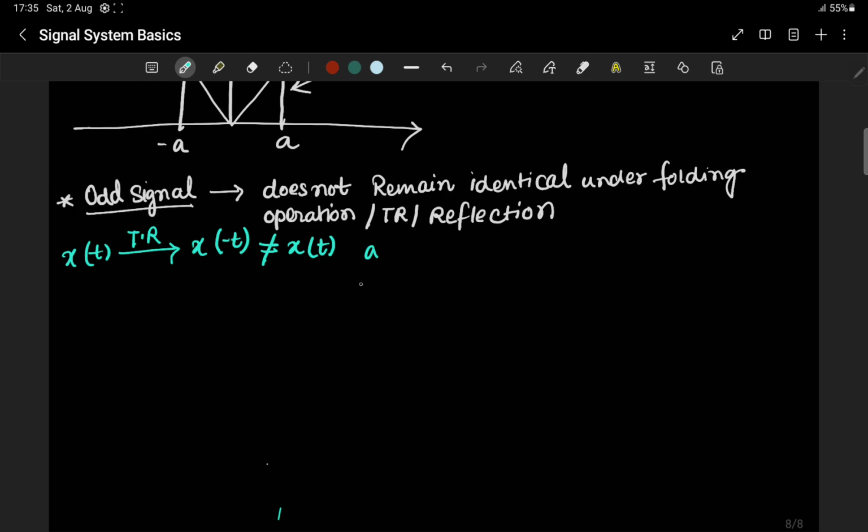and one more point is that x(-t) should be equal to minus of x(t), or x(t) should be equal to minus of x(-t).